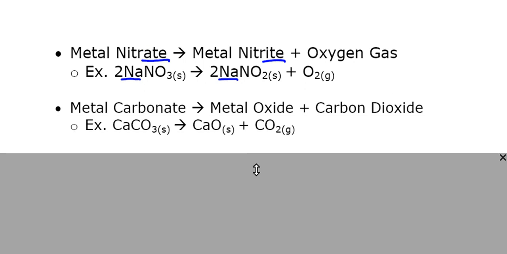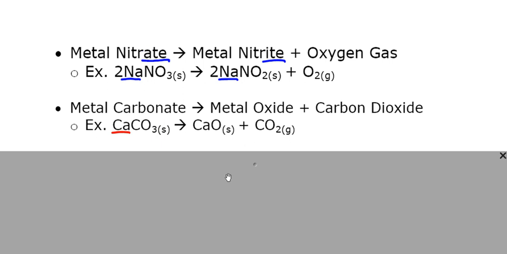Here's another example of a compound containing a metal decomposing. For this one, you can see again we have a metal, but the metal this time is not combined with nitrate, it's combined with carbonate. So here we have, sorry, we don't have sodium, we have calcium, and we have the carbonate ion.